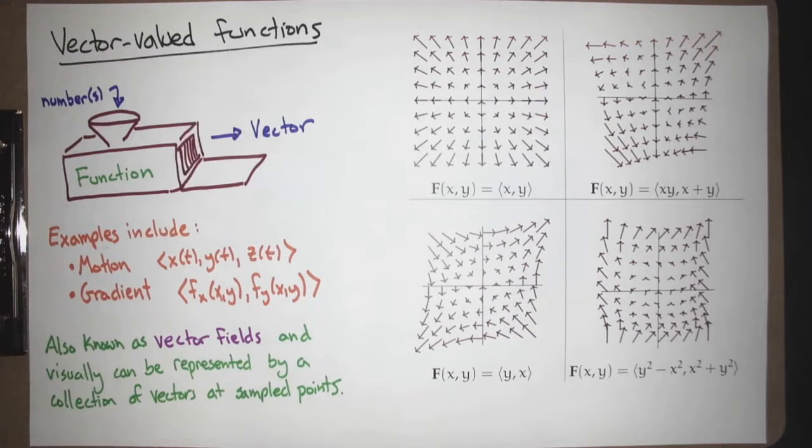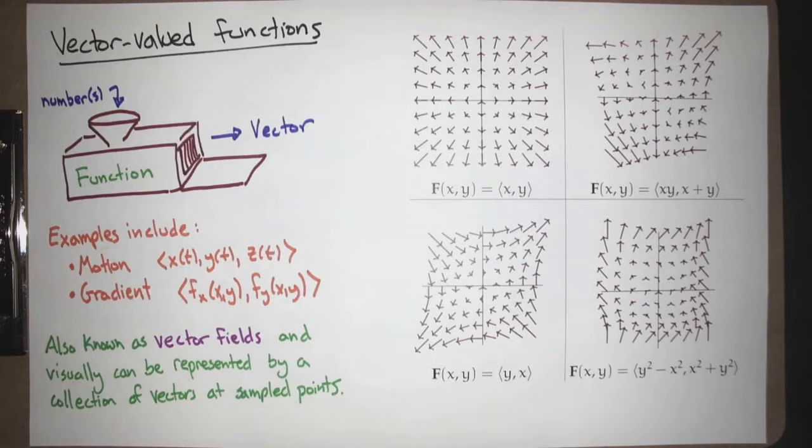Another important vector that we've seen is the gradient, which stores a lot of information about what's happening to the function. With motion, you have just a single input, which is time. With the gradient, you can have multiple inputs, which is location. So vector-valued functions can have single inputs or multiple inputs. It just depends what you want to know.